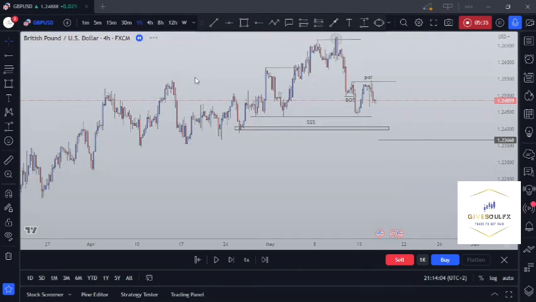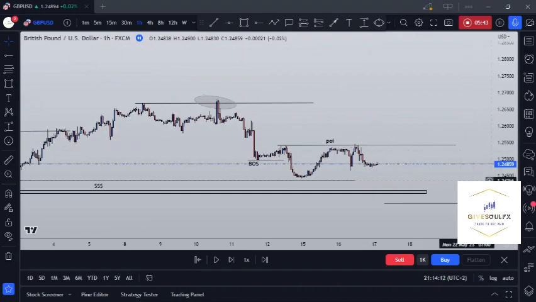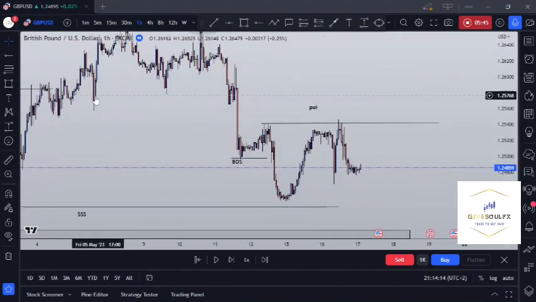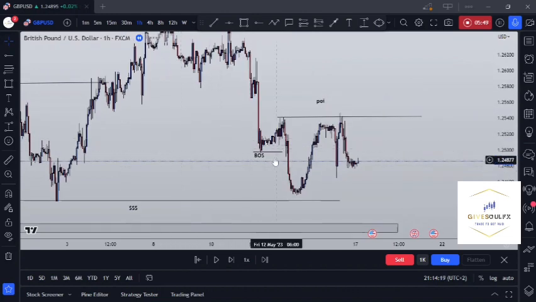Okay, before looking at how price played out, let me go to the lower time frame to show you how to get in a trade. How do you spot that price will change direction? Eventually, looking at here, price broke out of structure, creating its low here, retesting the previous lower high there, which resulted in price moving to the downside.